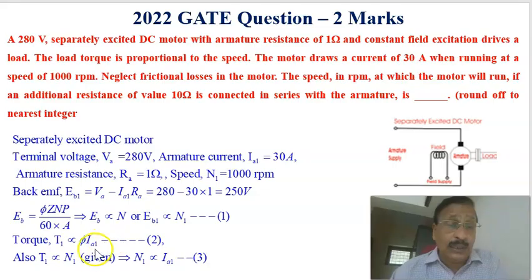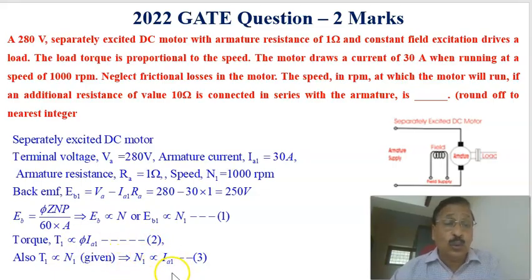Again, it is given in the problem that torque is proportional to the speed, T1 is proportional to N1. Taking these two equations, we can write N1 is proportional to Ia1, because phi is a constant.